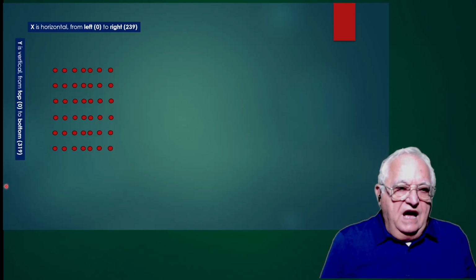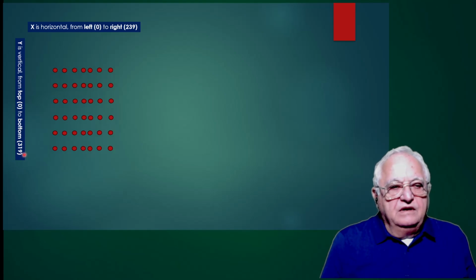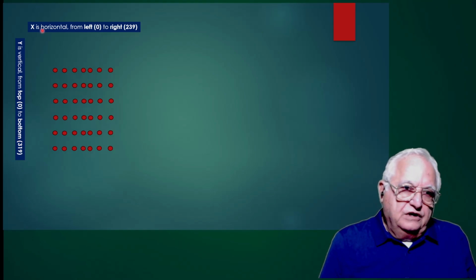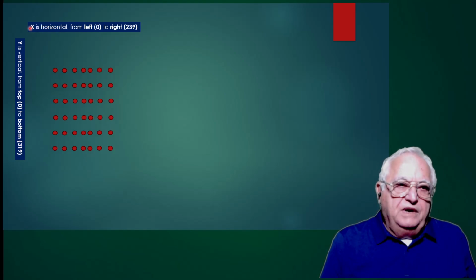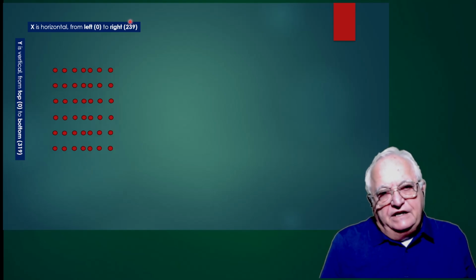And on the Y-axis, I'm going to have 320, which is the resolution. So the resolution of the display is 240 by 320. Of course, we start counting from 0, so 319 and 239.